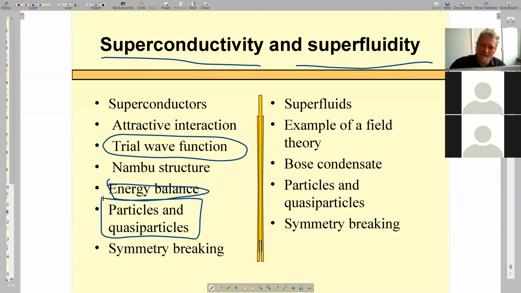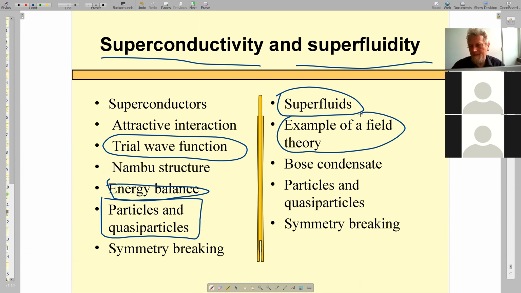Then we switch to superfluids. We took it as an example of field theory. And despite the fact that it is a field theory, for the ground state we could get a reasonable solution with almost no sweat. Just Bose condensate.